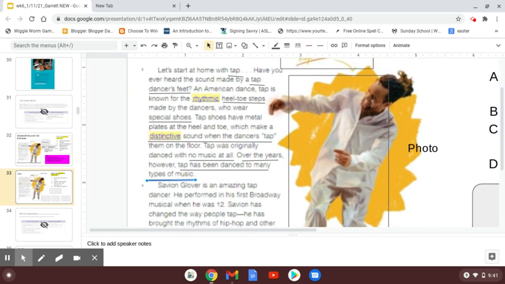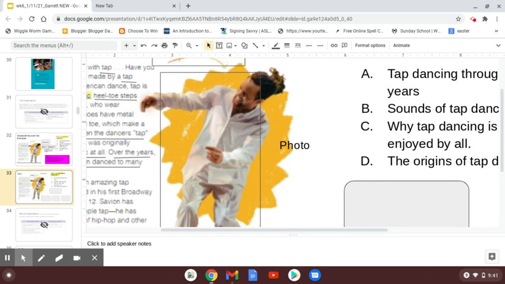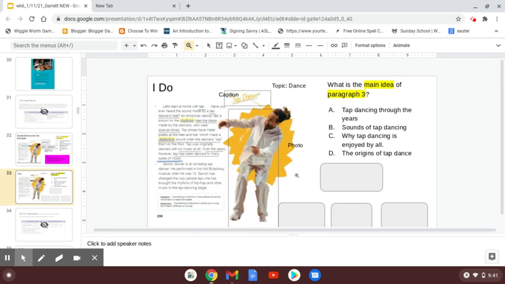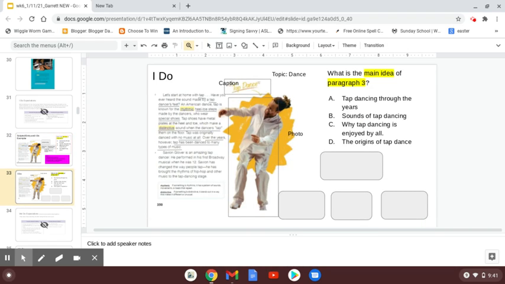So I'm going to add these details to my organizer that I've created for main idea here at the bottom. So I'm just going to take a minute to zoom out. And here's my organizer right here.